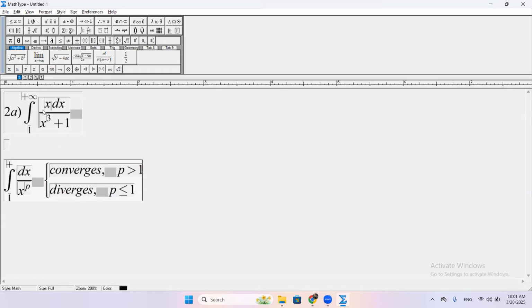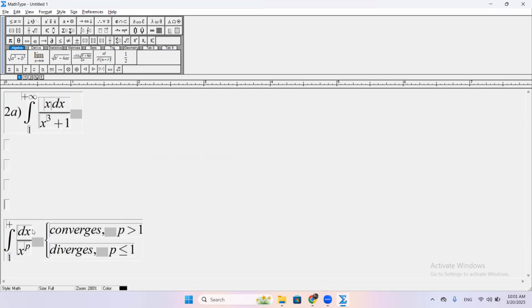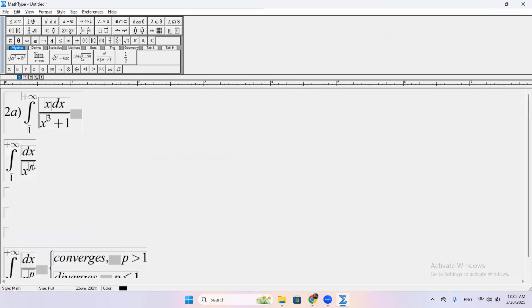And we'll compare with this integral, from 1 to plus infinity, when p equals 2.